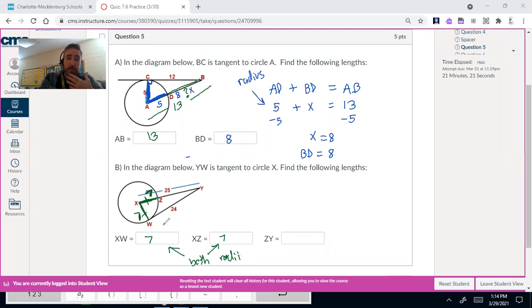So ZY. ZY is this length out here outside of the circle. I know the whole thing is 25. So ZY is going to be, if I think about XZ plus ZY, that's going to equal XY. XY is 25. XZ is 7.